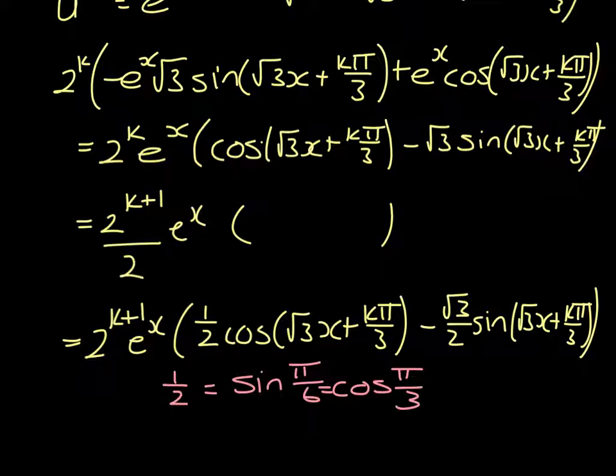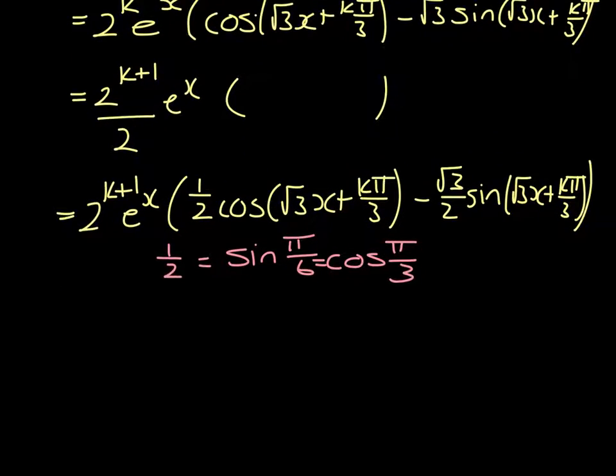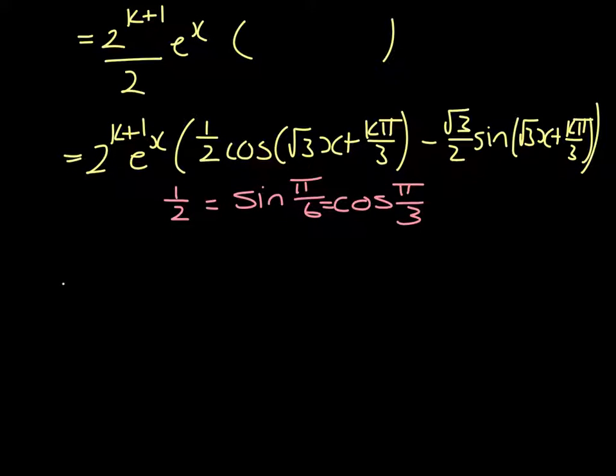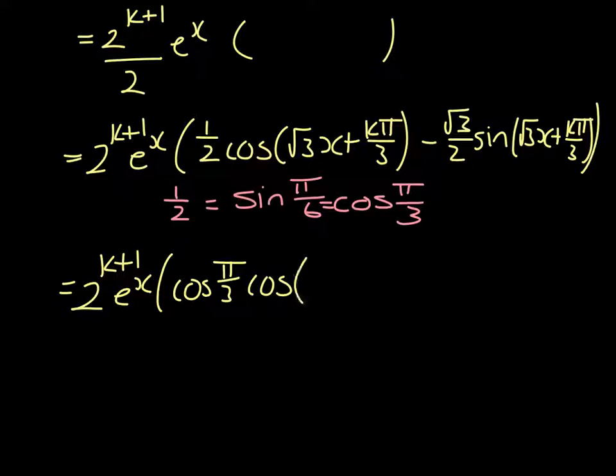And if we think we want to end up with cos, if we think about our addition formula, if we have cos, cos, sine, sine, then we can rewrite this in terms of cos. So 2 to the k plus 1 e to the x, cos of pi over 3, which is 1/2, cos of our bracket minus the sine of pi over 3, which is root 3 over 2, sine of our bracket.